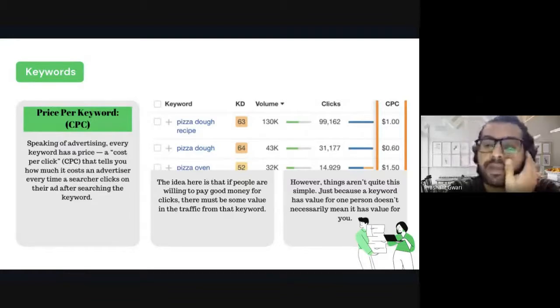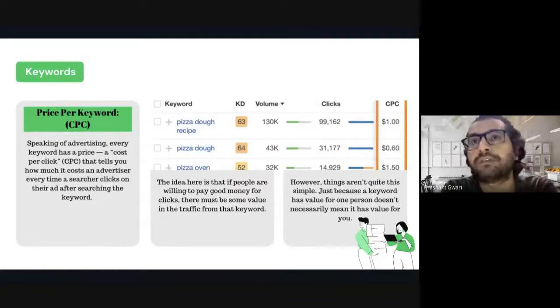So this CPC tells us that some advertiser is spending money on the keyword. That means that keyword is really important, and you can use that keyword in your site content or in your SEO process. So the idea here is that if people are willing to pay good money for a click, there must be some value in the traffic from that keyword.